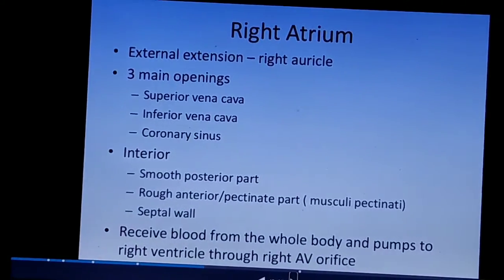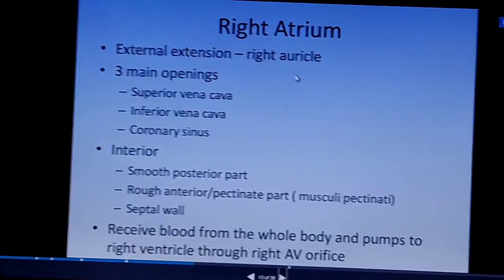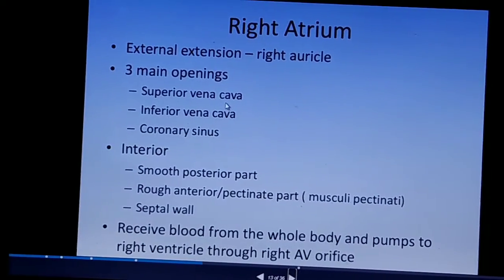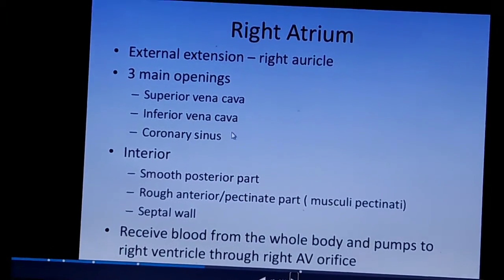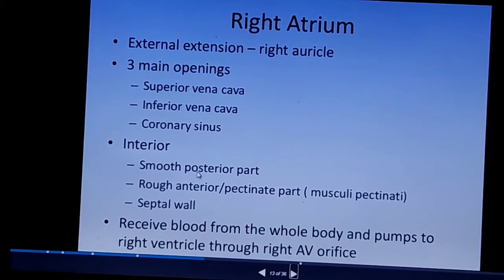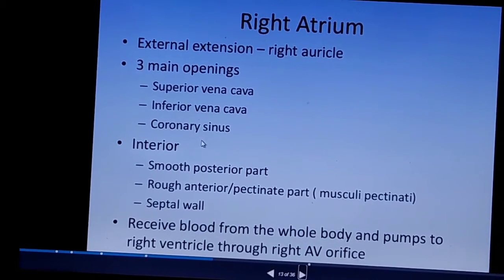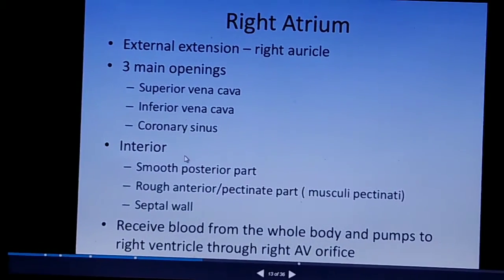Then right atrium. The right atrium is the right auricle. There are three main openings: superior vena cava, inferior vena cava and coronary sinus. Interiorly it has a smooth posterior part, rough anteriorly, and a septal wall is present. It receives blood from the whole body and pumps to the right ventricle through the right atrioventricular orifice.